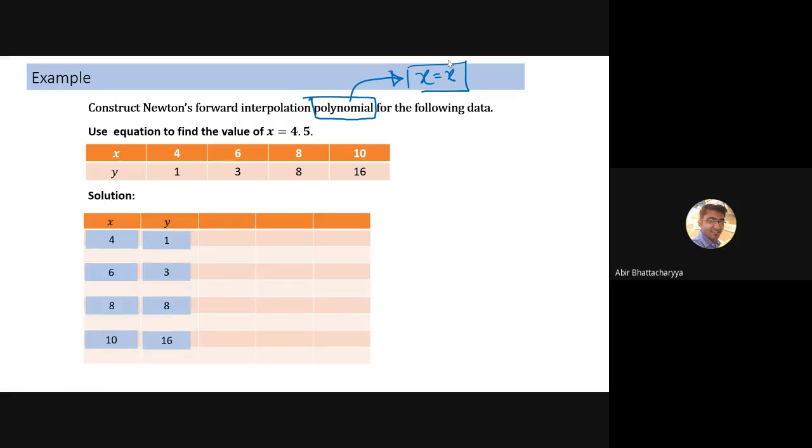If you observe the table, it's similar to the last two problems you have solved. The x data is given to you. The data set has 4 independent values. What is the order of the forward difference operator? It's 3, since 4 minus 1 is 3.